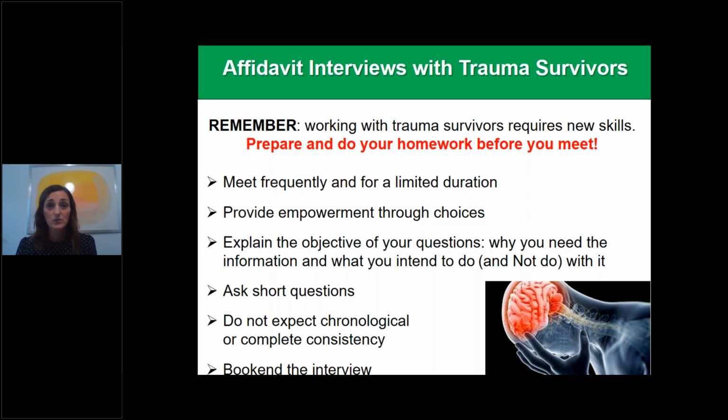Sometimes these instances of persecution took place 10 years ago or 15 years ago. And think about trying to remember and recounting a story to someone about things that happened to you such a long time ago. So knowing that they're going to give you these bits and pieces of a story, it's going to be your job as the attorney to weave all of these things together into a cohesive, comprehensive story that helps to establish their eligibility for asylum.